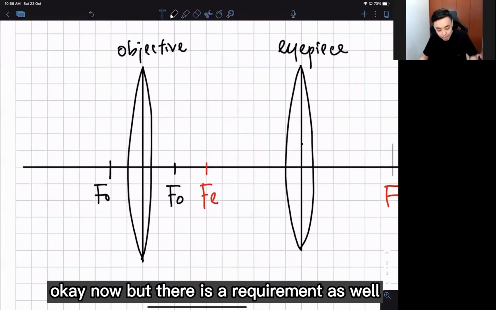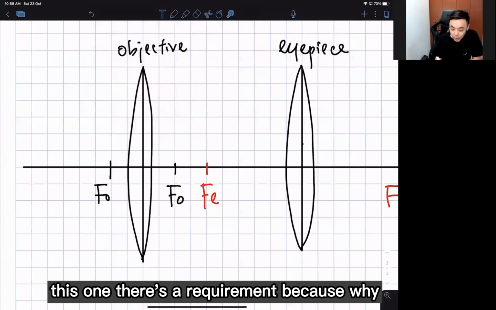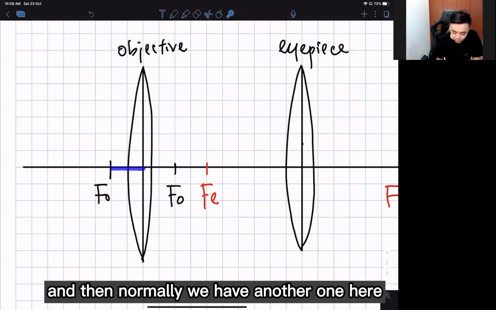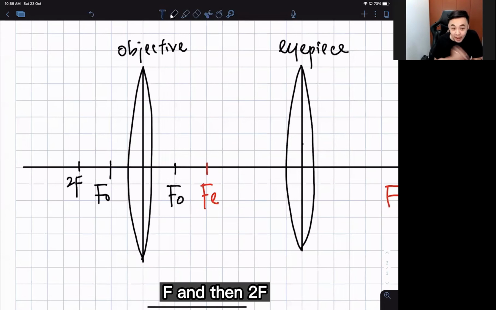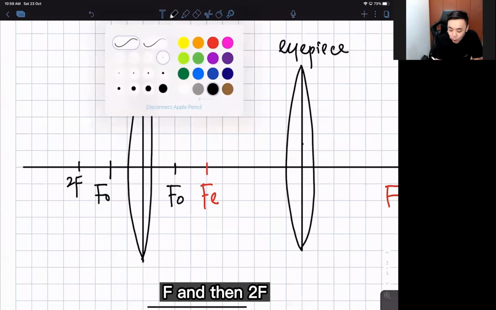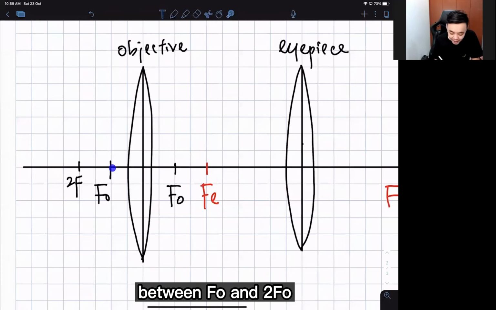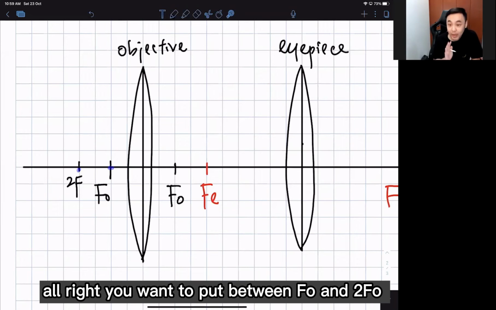Okay? Now, but there is a requirement as well. Normally for a lens, we have a focal point, and then we have another one here, called 2F. F and then 2F. Now, for the object, you want to put it between FO and 2F. The reason is very simple.